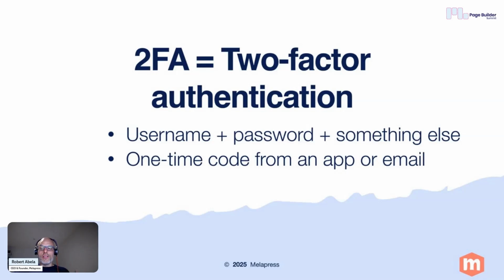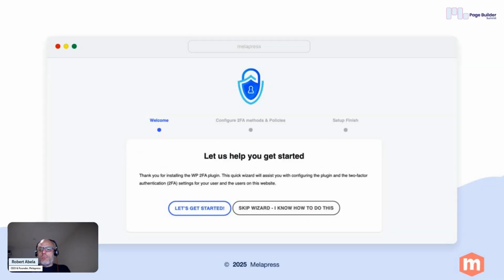Usually it's a one-time code from a mobile app, for example, or over email. So 2FA is good because even if the credentials are leaked for some reason, attackers who have your credentials cannot access your account because they don't have the second factor that you have to provide, either a one-time code via email or via mobile app.